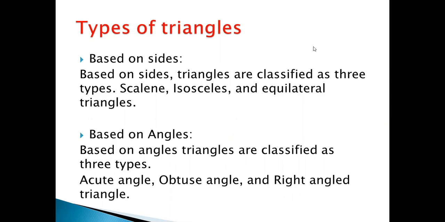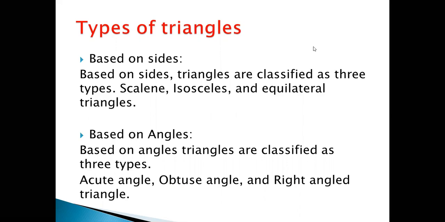That means based on sides, triangles are classified into three types, and based on angles, triangles are classified into three types or categories. So first of all, based on sides, triangles are classified into three categories, and based on angles, triangles are classified into another three categories. So let us first take the classification based on sides.